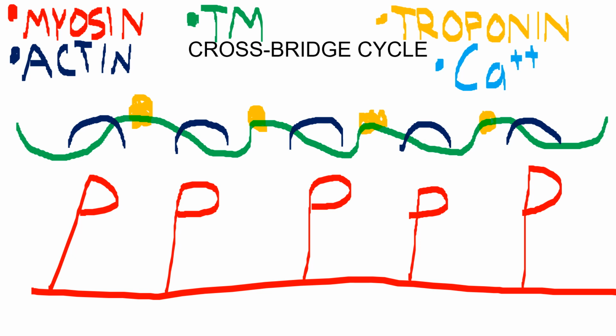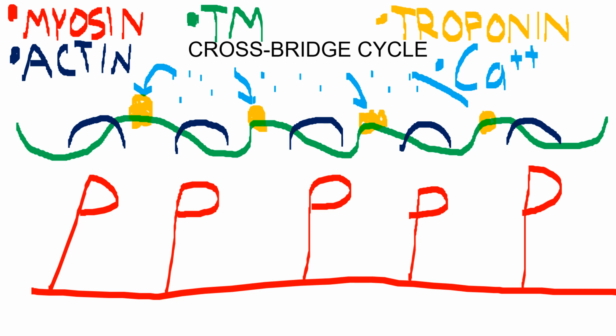In orange, we have our keyhole, or our keypad, that's called troponin. And then we have our calcium that was just released from our sarcoplasmic reticulum, thanks to the sodium going down those T tubules. So now that we have calcium all throughout the sarcoplasm floating around, this calcium can bind to the troponin, the key to the keyhole.